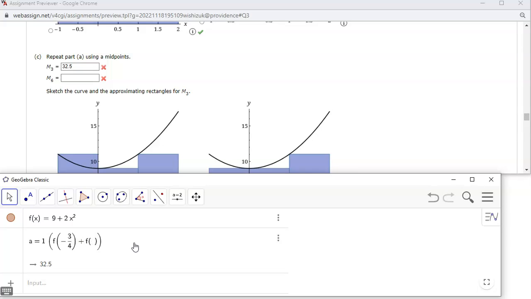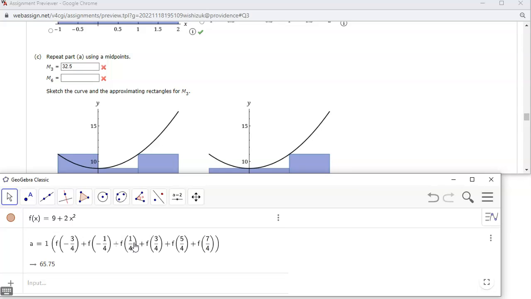Next is -1/4, then f of 1/4, f of 3/4, f of 5/4, and f of 7/4.